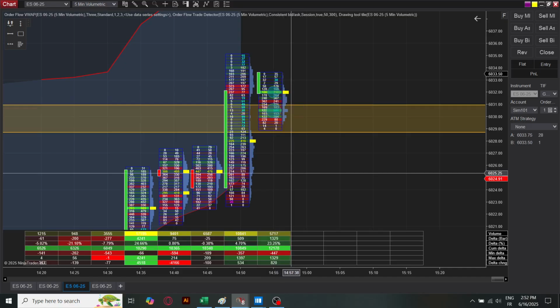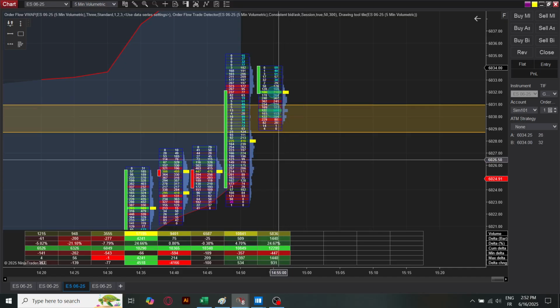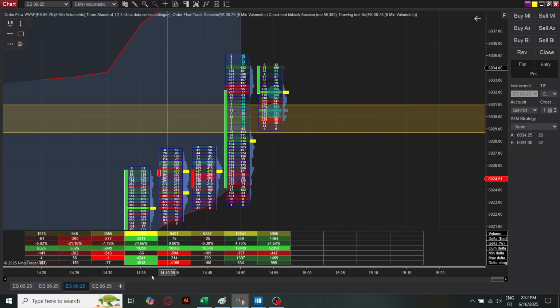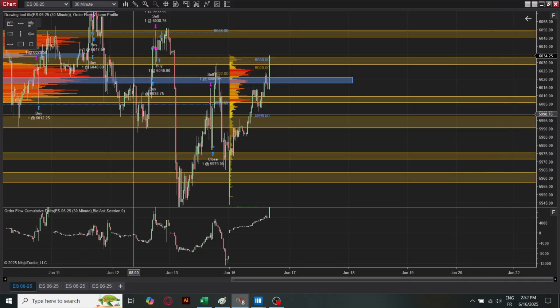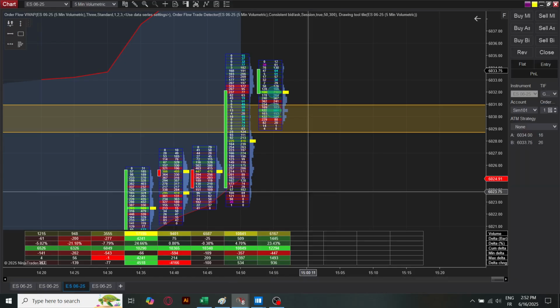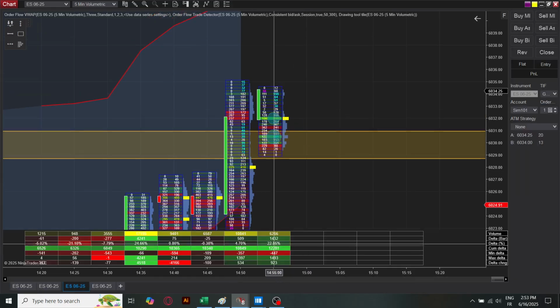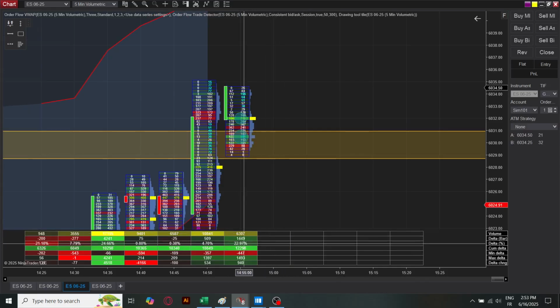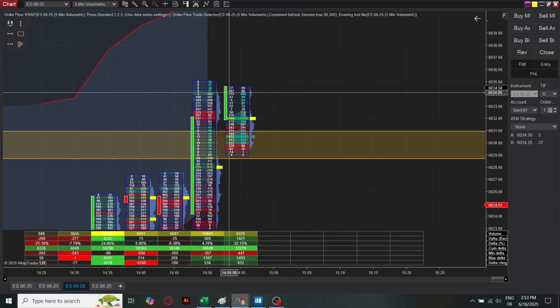Now let's wait if there are any good signals. You can see that buyers are very strong, but price is struggling to go up. This means sellers are absorbing their strength.